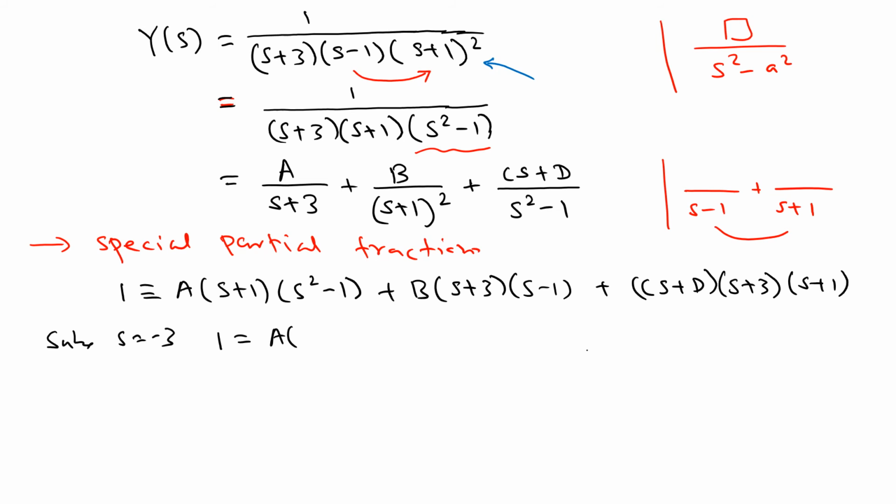So you get negative 2 and 8, and this gives you A, which is negative 1/16. And then we're going to go with the substitution s equal negative 1, because you see that s plus 1 term.